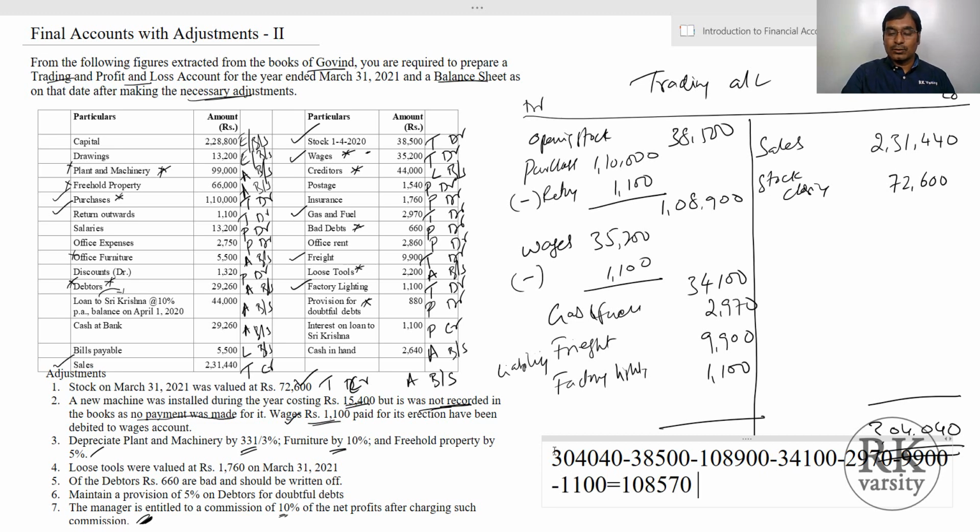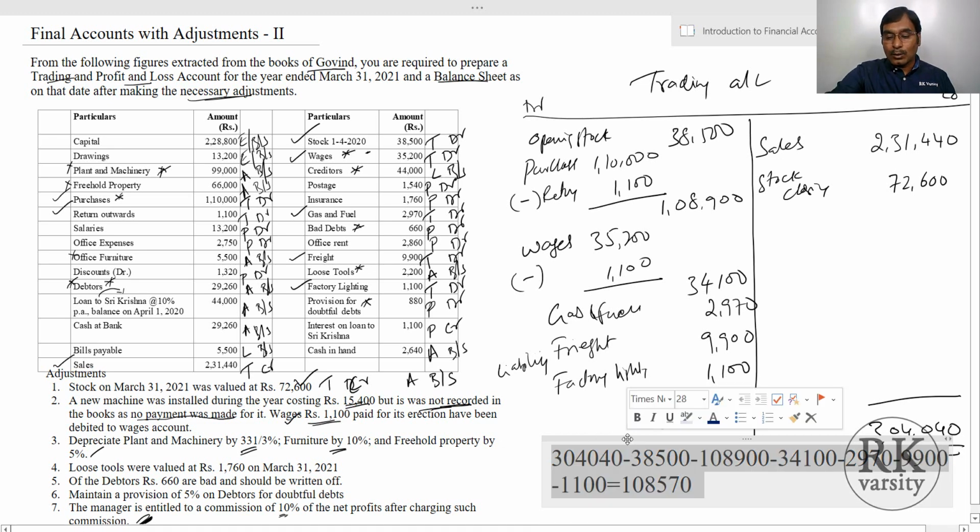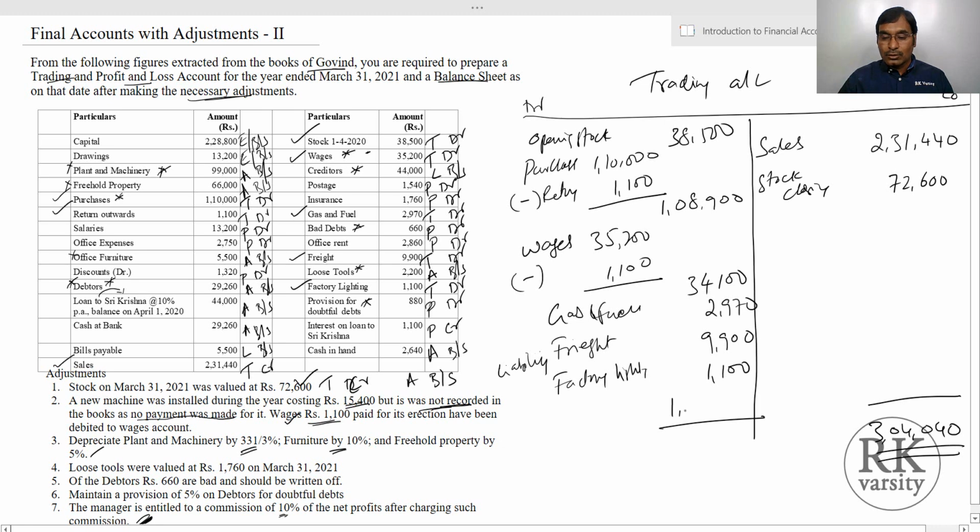So this gives you 1,08,570. So 1,05,870 is your gross profit.